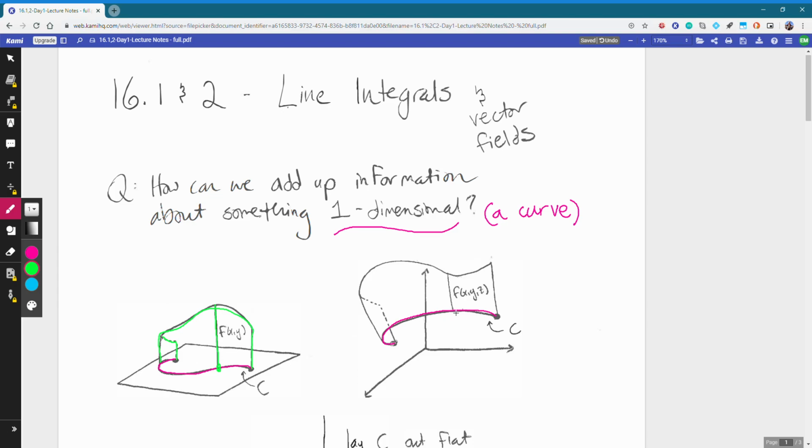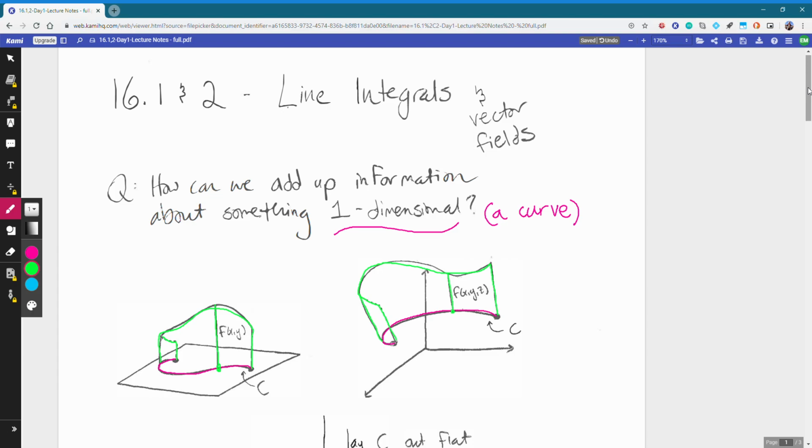And a very similar story plays out over here. If at each point in 3 space we stand up a stick with our function value as its height, and if we do that for every single point on our curve, we'll again define a ribbon that's attached to our curve in 3 space.